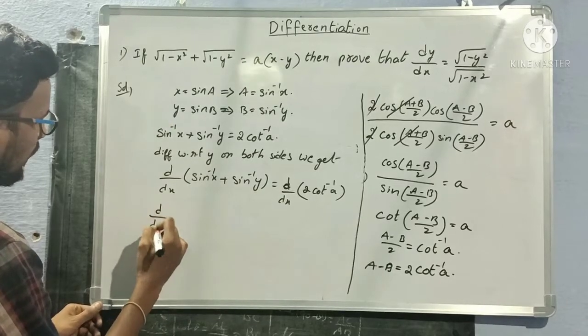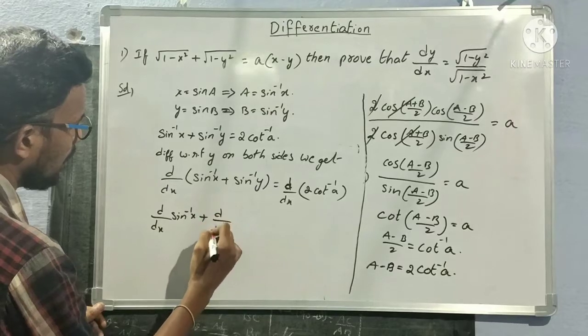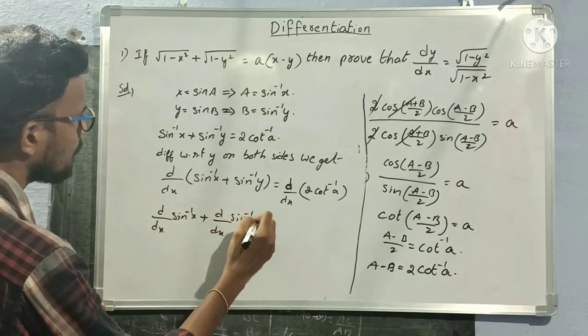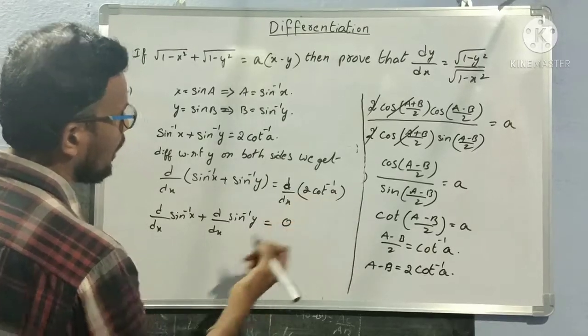So d by dx of sin inverse x plus d by dx of sin inverse y is equal to d by dx of constant, which is 0.